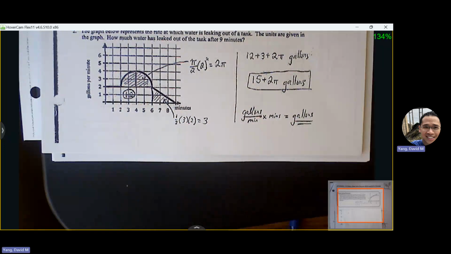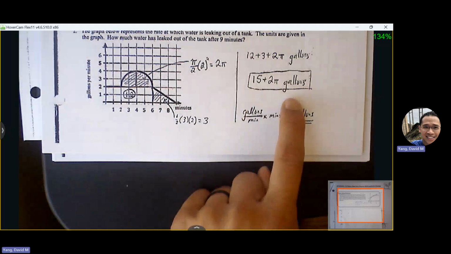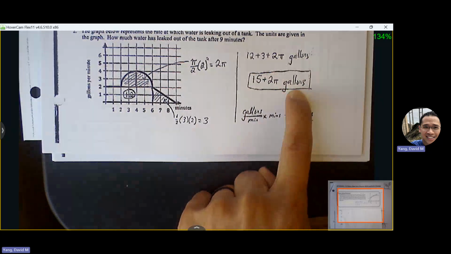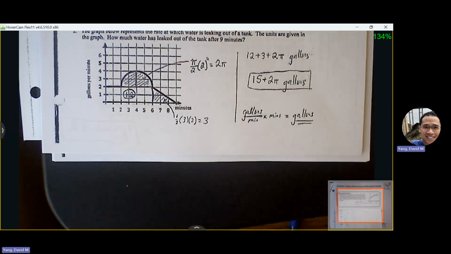Semicircle is just 1/2 pi r squared. Triangle is just 1/2 base times height. Add all that together. Our units of measure were gallons per minute, but now over this 8-minute period, we're able to accumulate that rate. So what we gathered is that the area represents the amount that has leaked out, 15 plus 2 pi gallons.